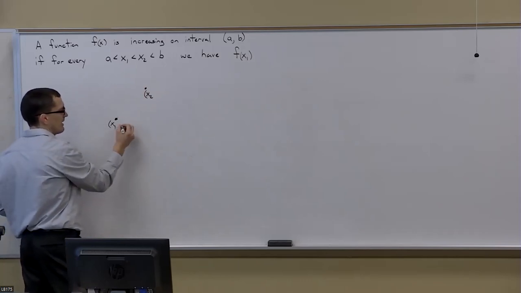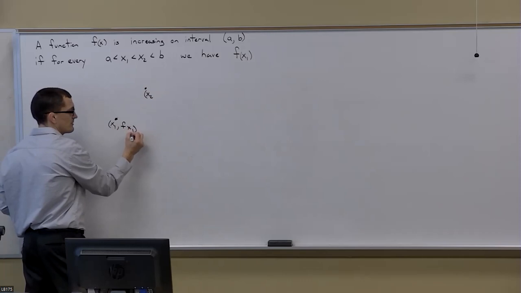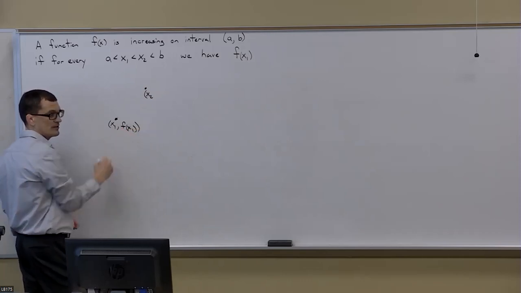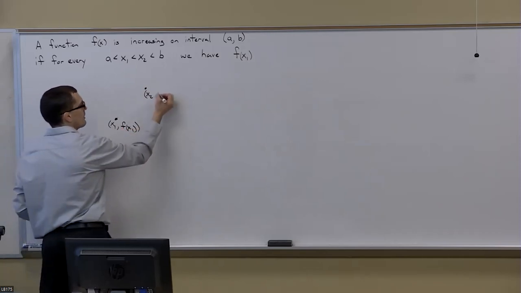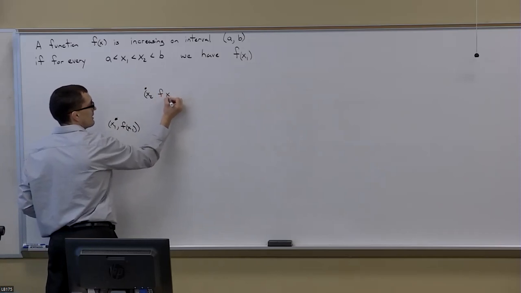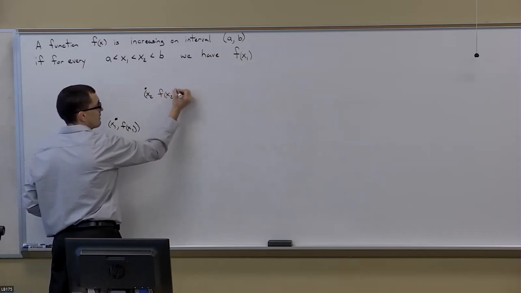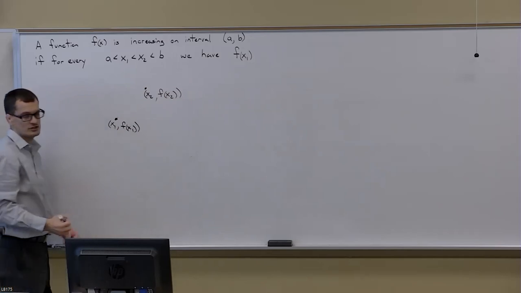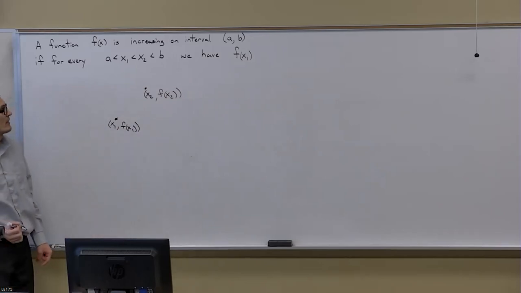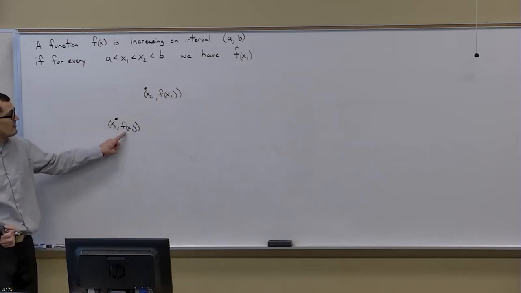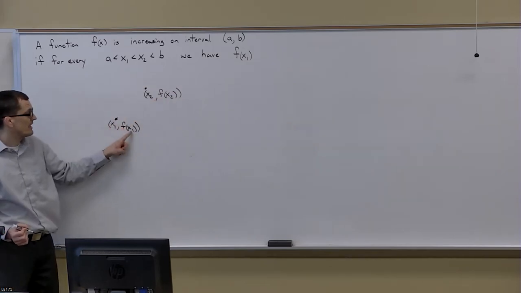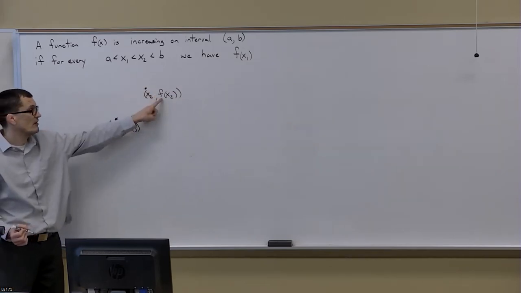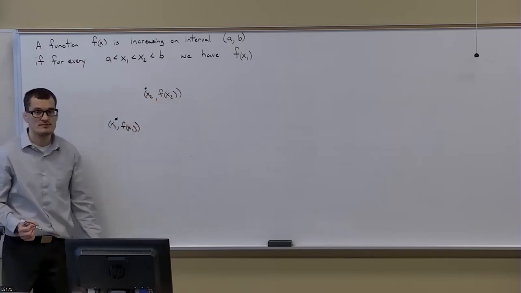Now, what's the y value over here? It's whatever you get out when you plug x1 into your function. What's the y value over here? It's whatever you get out when you plug x2 into your function. So what does this need to be? The f of x1 needs to be smaller than the f of x2.